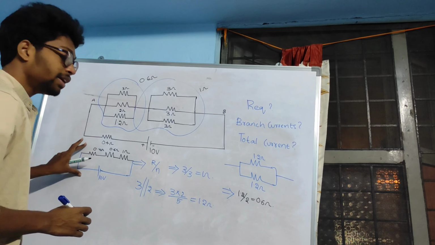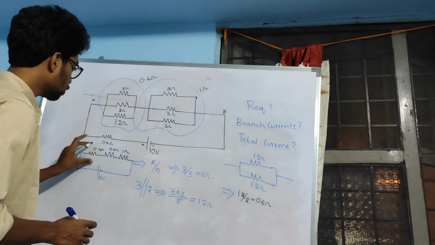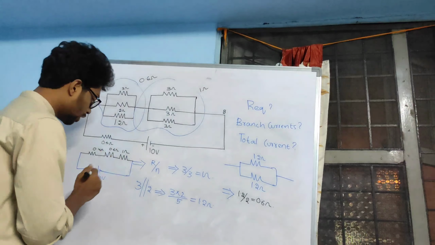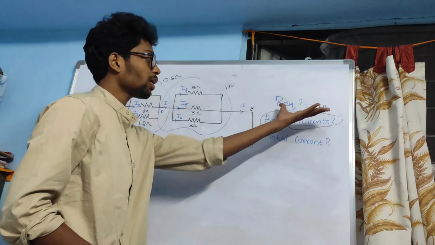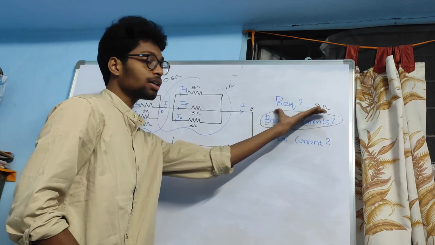For finding the R equivalent, we know that these 3 resistances are connected in series, so just add up 0.4 plus 0.6 plus 1. You will get R equivalent of 2 ohms. Friends, for this question the R equivalent is 2 ohms.